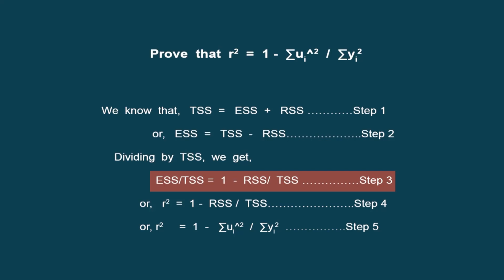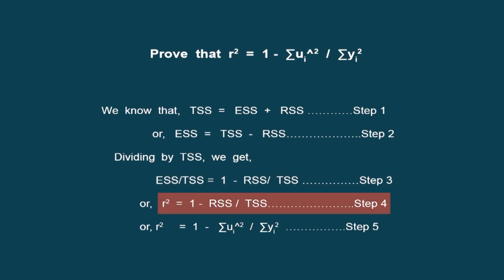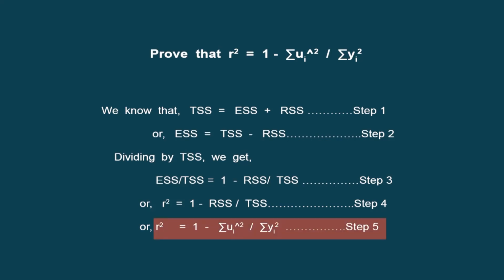This happens to be step 3. When we move on to step 4, we are just writing R square, which has already been shown, which is equal to 1 minus RSS by TSS as usual. So on the basis of the expression of RSS, we can put that it is summation of ui square, and on the basis of the expression of TSS, we can put it is the expression of summation of yi square. So hence we can prove the result that R square can also have this type of expression.